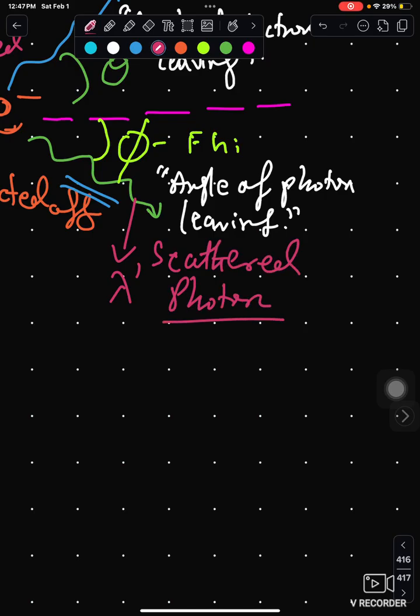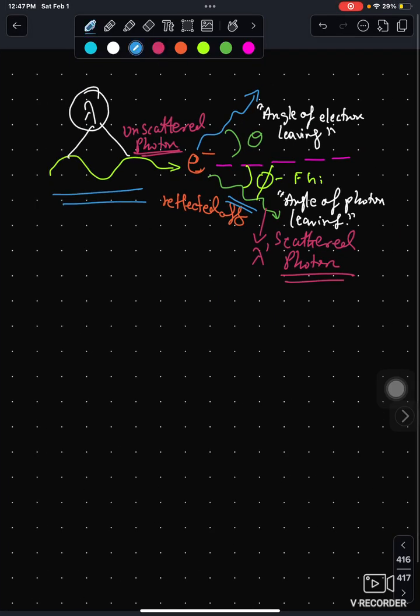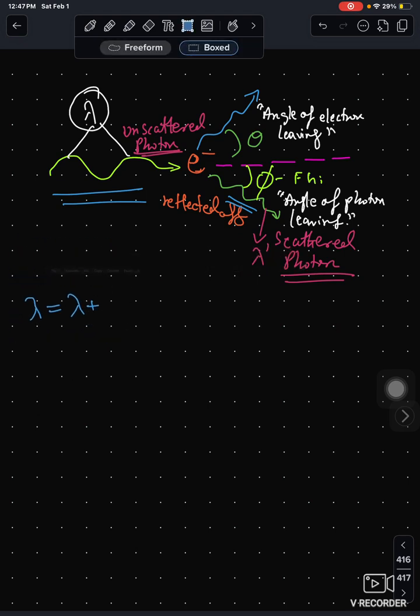Okay, and so we can write the equation as: scattered photon equals unscattered photon plus, this is me writing the equation of how it will work, the mathematics behind this Compton effect.